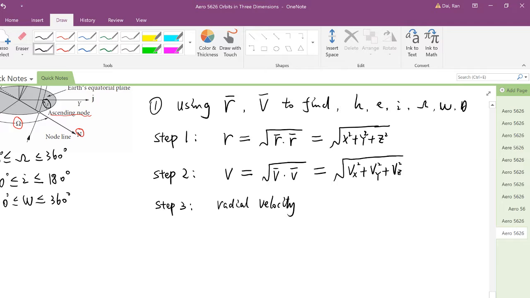Remember the definition of radial velocity, the VR. It's equivalent to the magnitude of v times its unit vector in the r direction. And we can also get it from the r vector dotted with the v vector, divided by the magnitude of r.